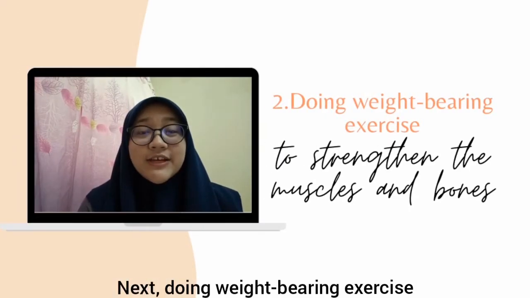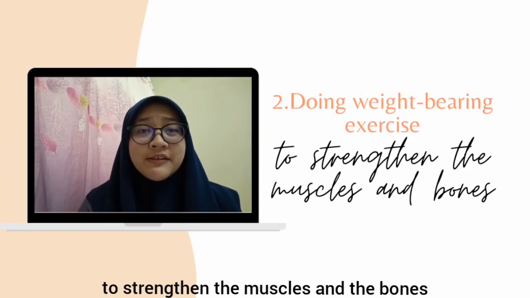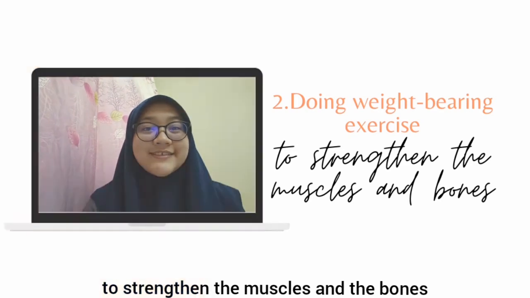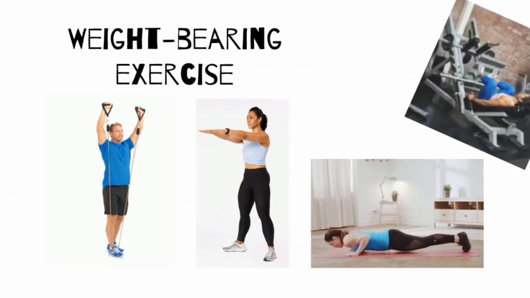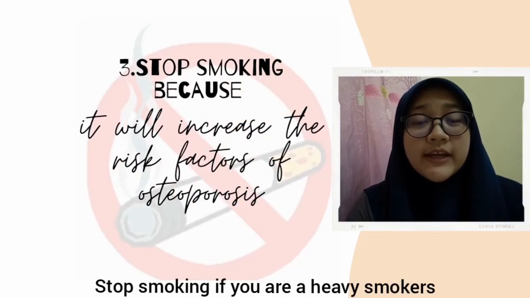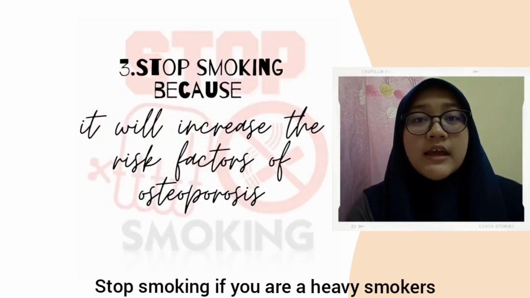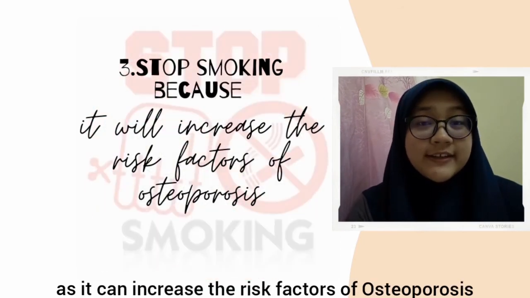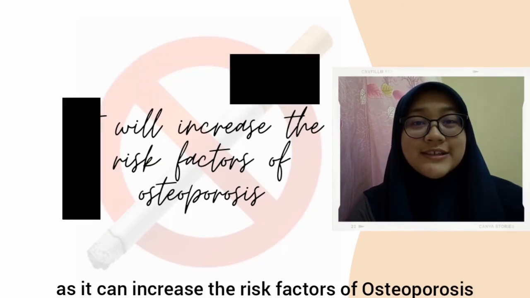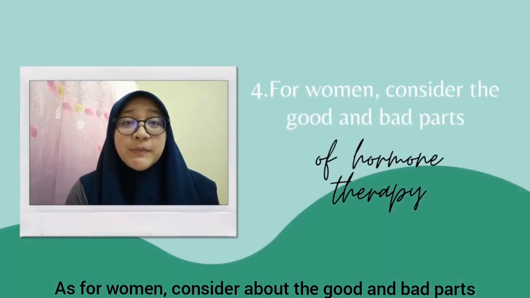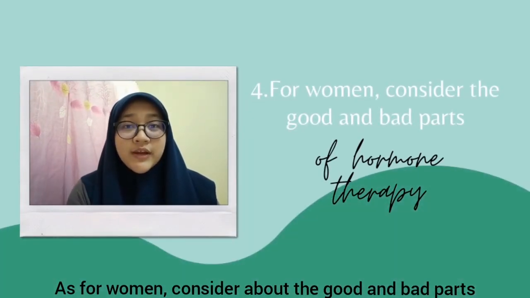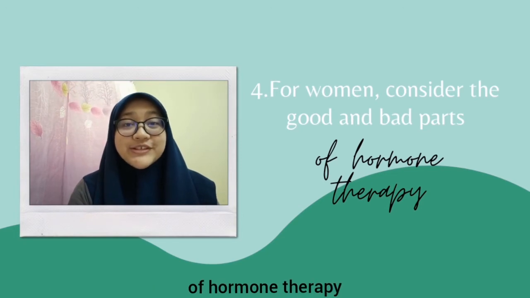Next, do weight-bearing exercise to strengthen the muscles and the bones. Stop smoking if you are a heavy smoker, as it can increase the risk factors of osteoporosis. As for women, consider the good and the bad parts of hormone therapy.